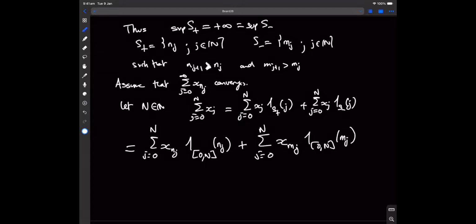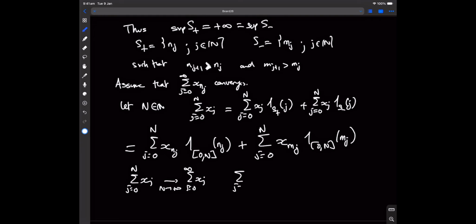Sure, but now remember that the sum of x_j converges. So this sequence, as capital N goes to infinity, goes to a finite number, the sum of x_j's. And we have assumed, right here, that the sum of the x_{n_j} also converges.